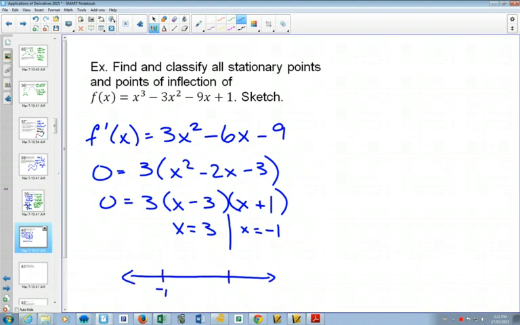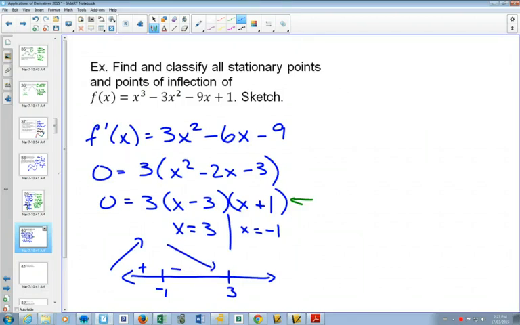Minus 1 and 3. When we plug in a number less than negative 1, and again I'm going to use my factored form here, because then I'm going to get a negative number times a negative number times, well, 3 is always positive, which will be positive. So this part is increasing. If I plug in 0, I'm going to get a negative times a positive.